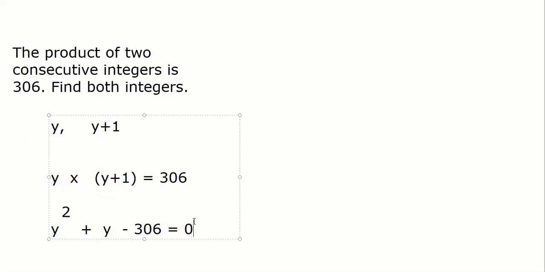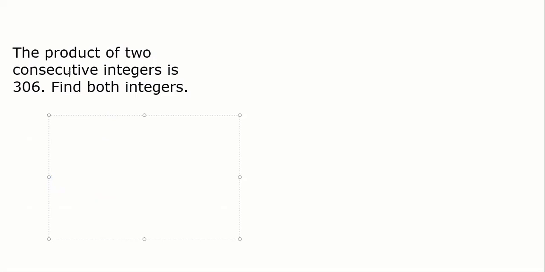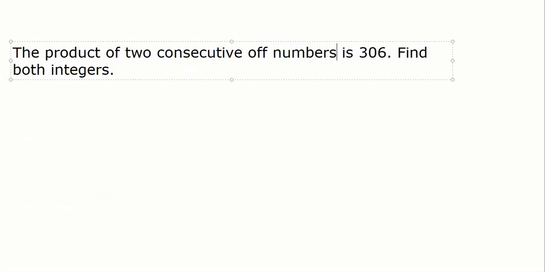Now, everybody note down this because I'm going to ask you a question now. If I change the question to this, I want everyone to form the quadratic equation, not just the quadratic. The product of two consecutive odd numbers is, not 306, let me change it, say 143.